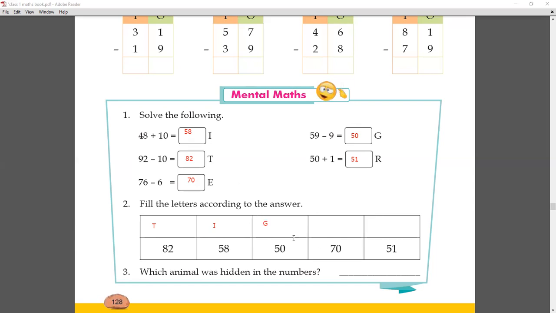Okay, next is 70. E. We write E here, and 51, R. Okay, TIGER, tiger. Which animal was hidden in the numbers? Tiger. So we write tiger here. Okay, now moving to the next page.